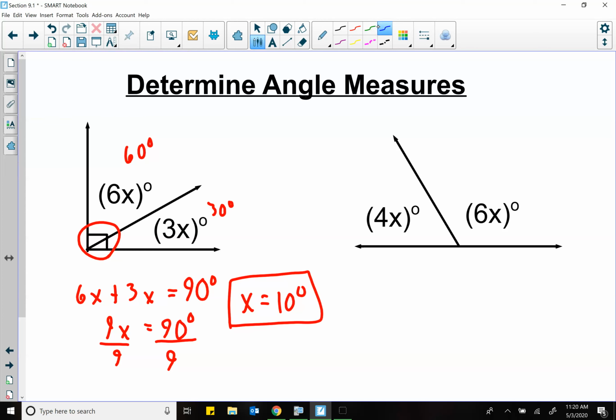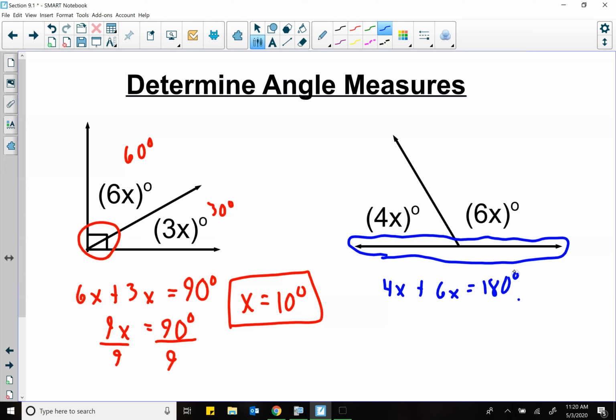Over here, hopefully you saw that these are supplementary. That's that linear pair that I talked about a moment ago. And since they're supplementary, the 4x plus the 6x must equal 180 degrees. So 4x and 6x give us 10x equals 180 degrees.